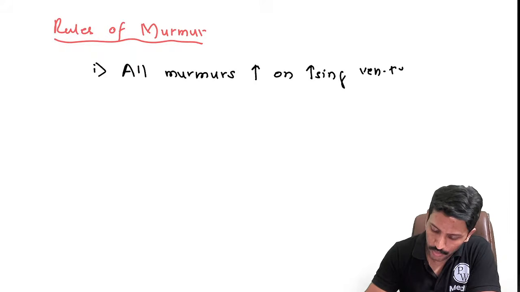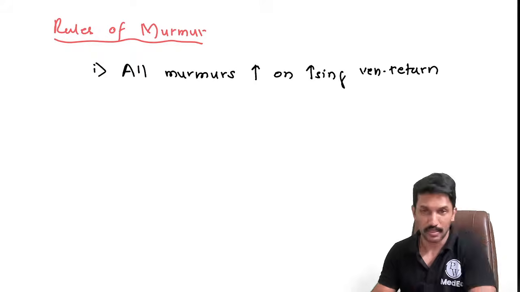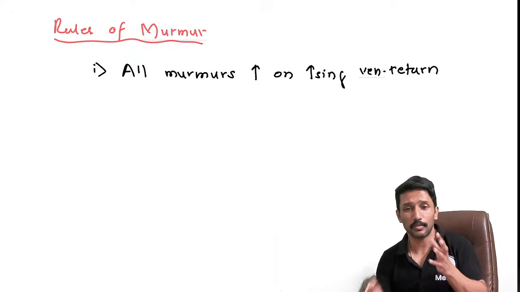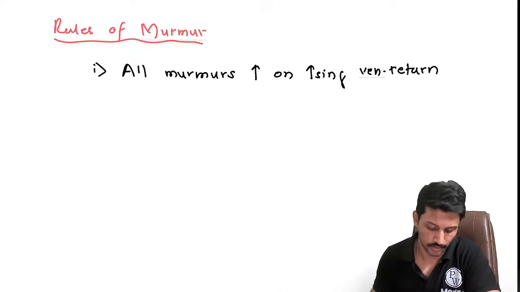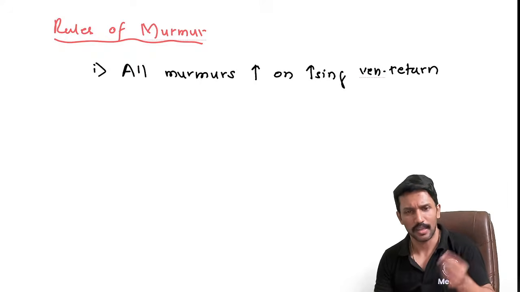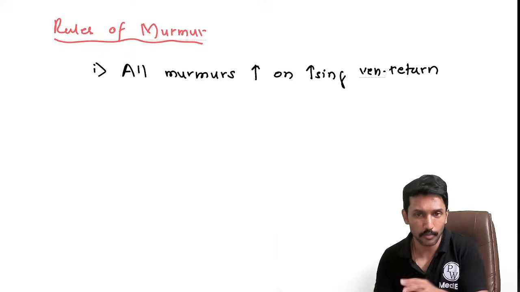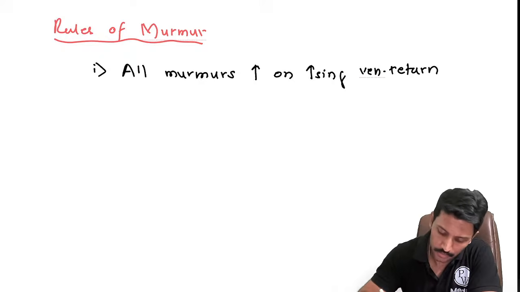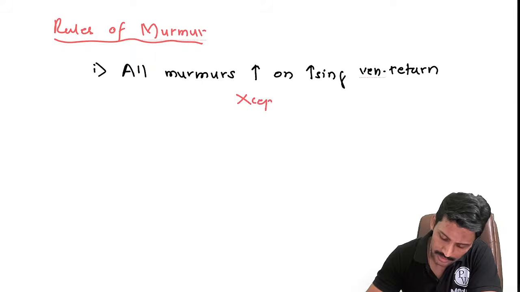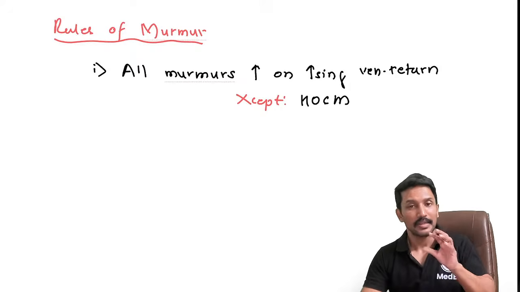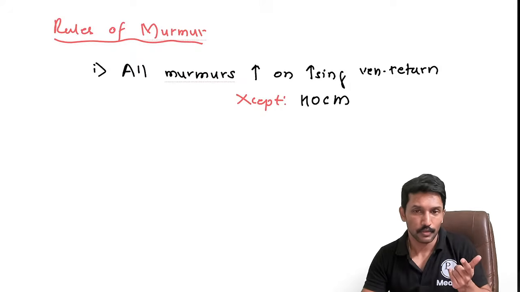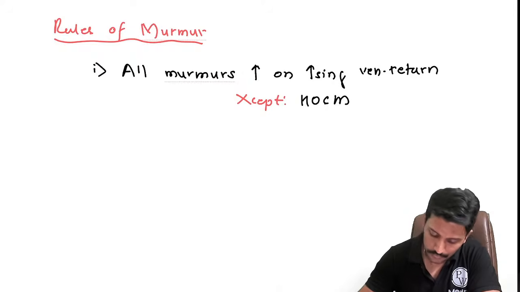If more blood reaches the heart, more blood means more turbulence across the valve, more murmur. So all murmurs, AS, AR, PS, PR, TS, TR, MS, MR, increase on increasing the venous return. But there is an exception to that. What are those exceptions? Two of them. One of them is HOCM. The HOCM murmur actually decreases on increasing the venous return, and vice versa.